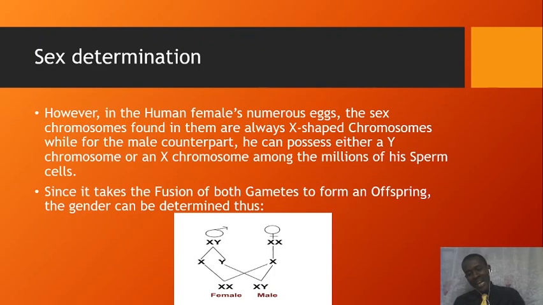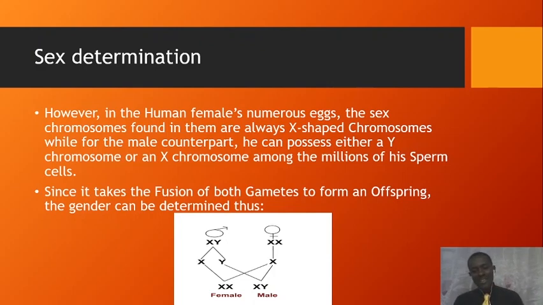So the male has X and Y chromosome gametes, while the female only has XX. So if the woman is XX and the man is XY, it means that XY determines male gender, while XX determines female gender.